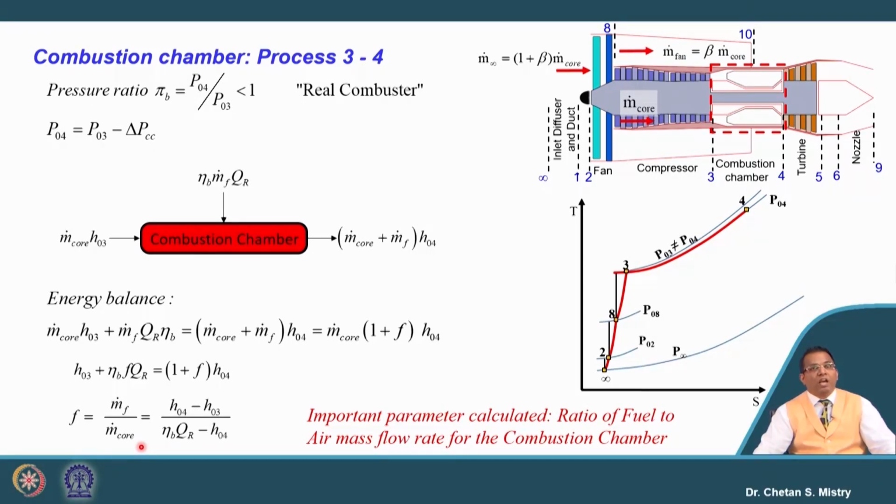People they are targeting with say specific fuel consumption to be certain number, and for that specific fuel consumption they will be giving us the value of fuel air ratio, and under that condition maybe we need to target the turbine entry temperature. So, be careful, do not go blindly by this formulation only. It may be possible rather giving turbine entry temperature, the fuel air ratio is given to you.